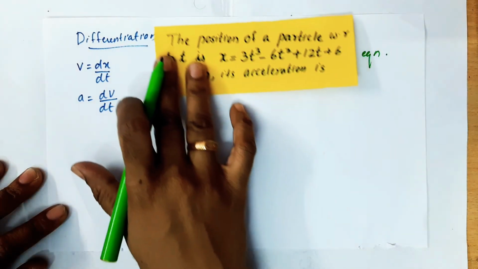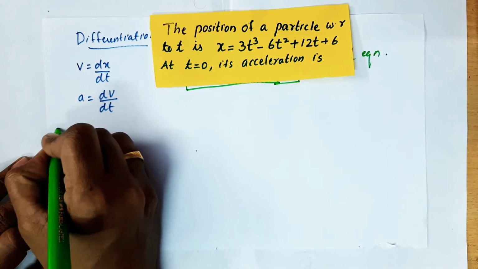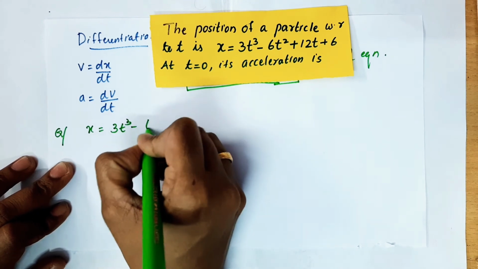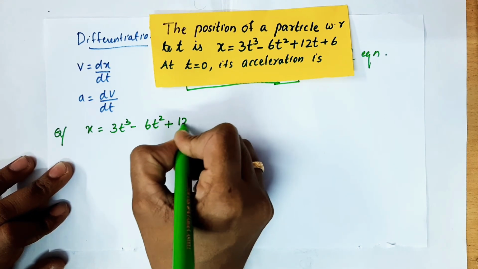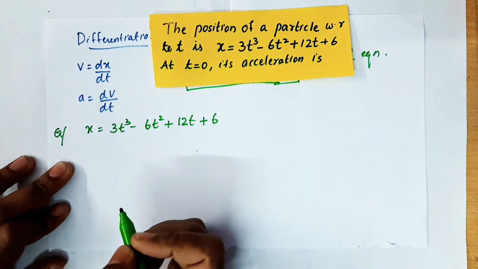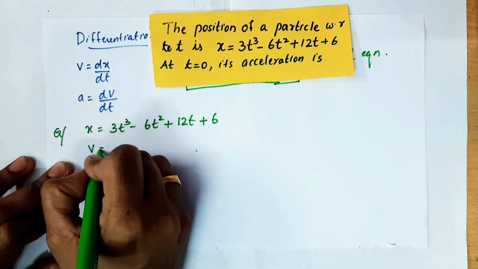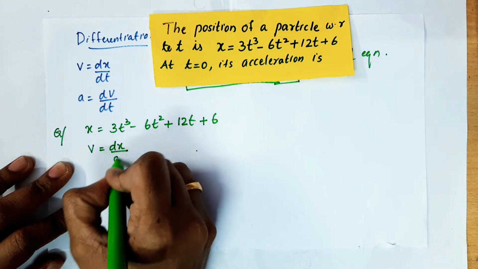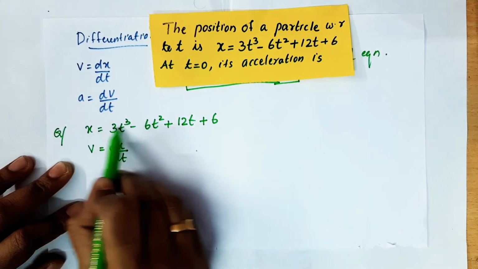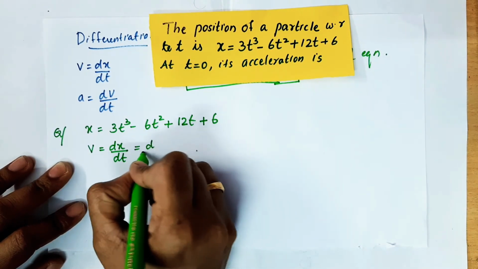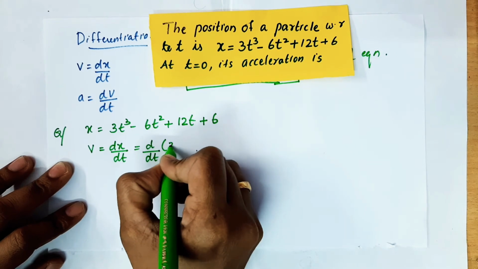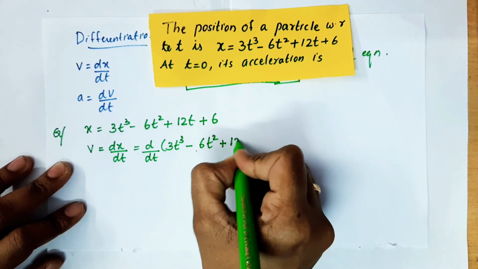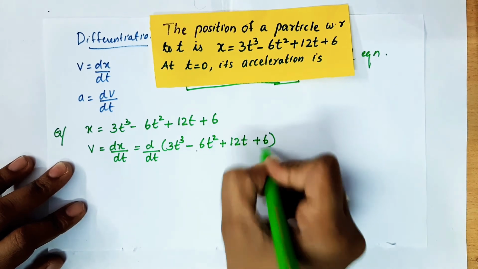How can I solve it? First, I copy my question: x equals 3t cubed minus 6t square plus 12t plus 6. If you need velocity, you have to write dx by dt, substituting the value of x: d by dt of 3t cubed minus 6t square plus 12t plus 6.